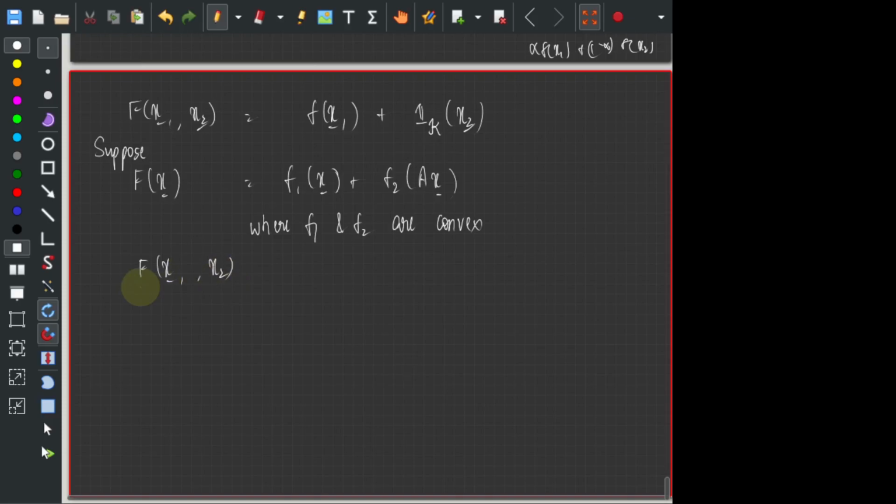So my ultimate goal is to minimize f of x. It's an unconstrained minimization problem. I'll formulate this as a constrained minimization problem in the following way.